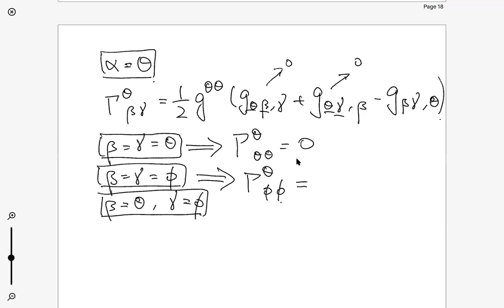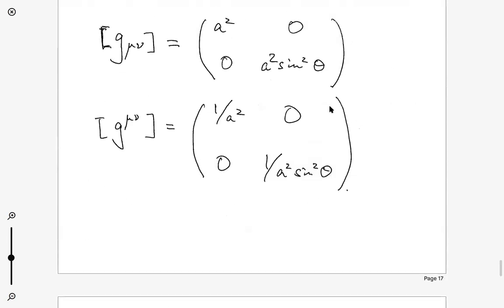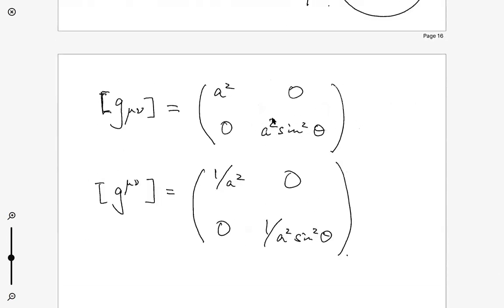Which means it's an off-diagonal component, which means it's 0, right? But what about the last term here? Beta and gamma is the same, which is phi. So we have g phi phi, and then take derivative with respect to theta. So let's look at what g phi phi is. Oh, g phi phi is something like this.